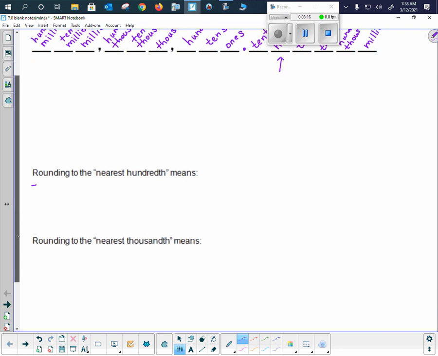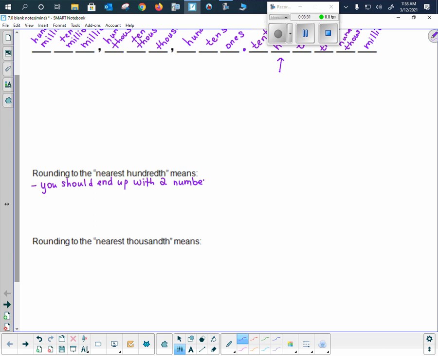So what that should mean to you when we say round to the nearest hundredths is that you should end up with two numbers after the decimal point. Because some people still know hundredths is 2 places, but then they still give me 3. So be careful with that.